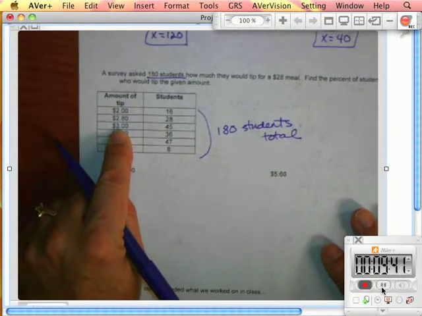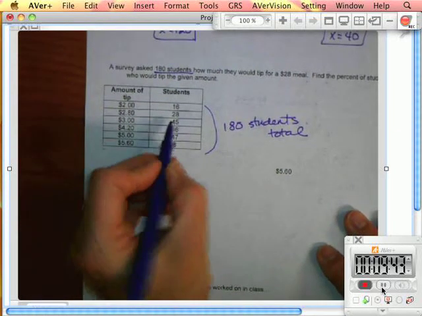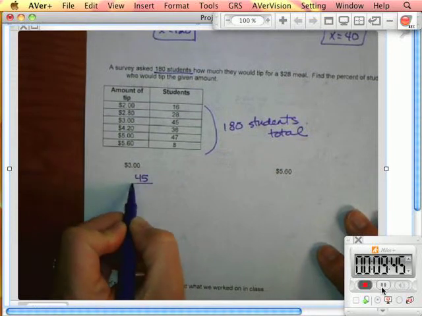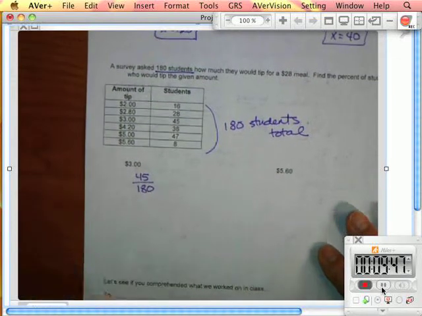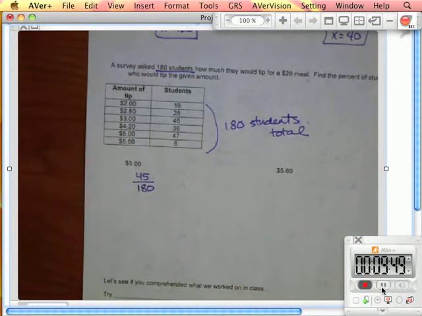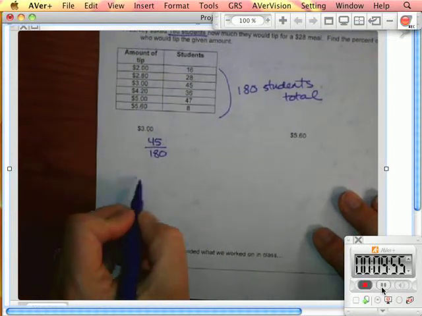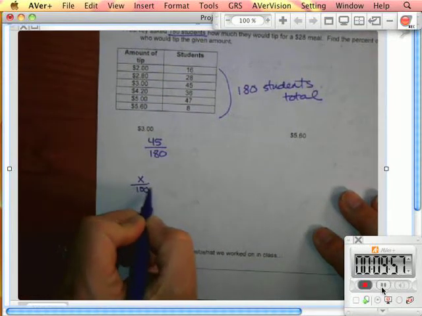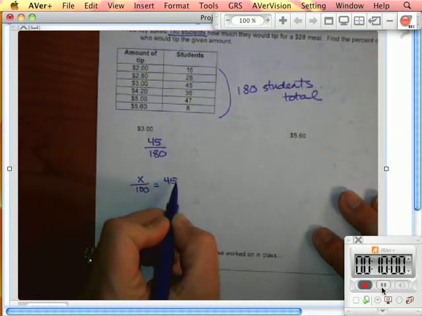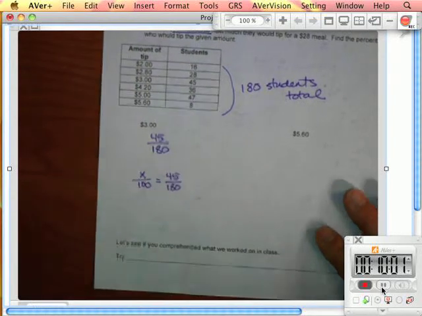All you have to do is take the 45 students and divide it by 180, just like Megan was saying earlier. Could you set this up as a proportion? Absolutely. I want to know what percent, and then this is the part, and this is the whole. You can set it up the same way.